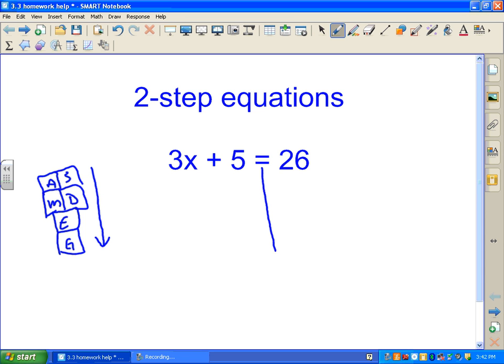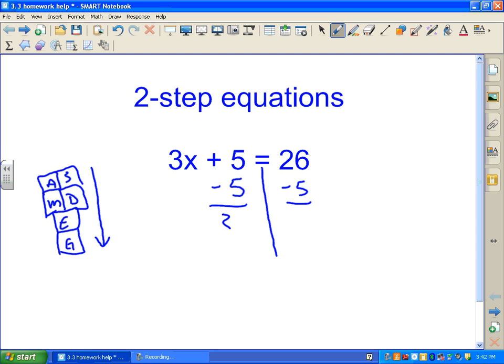Now again, I'm going to put my line here because just like on the last 2 days, whatever I do on one side, I'm going to do on the other. But I'm going to get rid of adding and subtracting first. I'm going to get rid of the adding by subtracting 5. 5 minus 5 is 0.